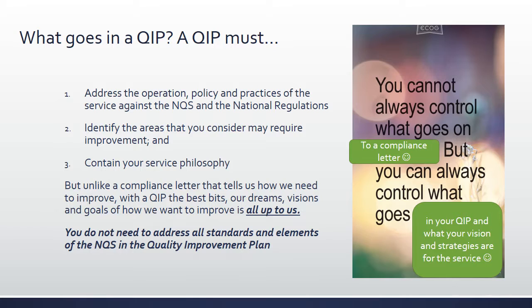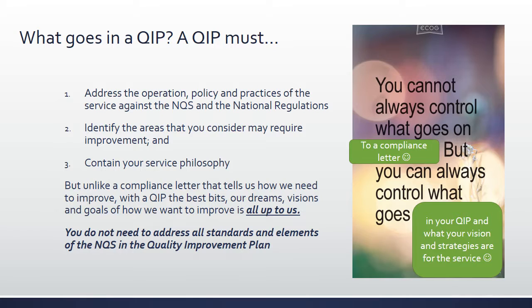So during the staff meeting, we stopped right here and we talked about the importance of having a philosophy that was relevant to your service, a philosophy that was really engaging, talked about your vision and what pedagogy, a philosophy that grounds everyone, that keeps everyone rowing the boat in the same direction. And with our revision of our quality improvement plan, we may also look at revising our service philosophy.